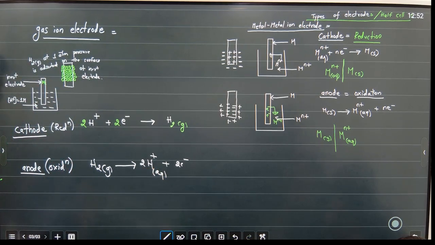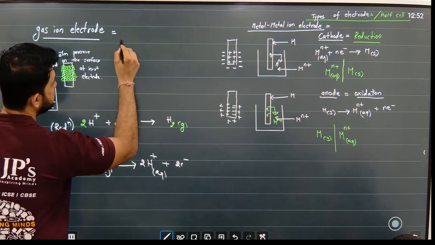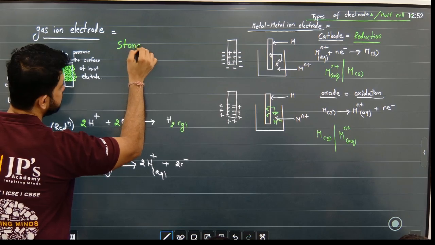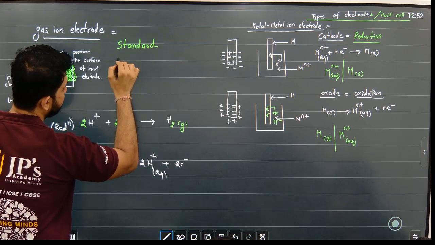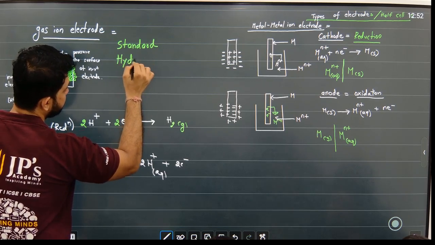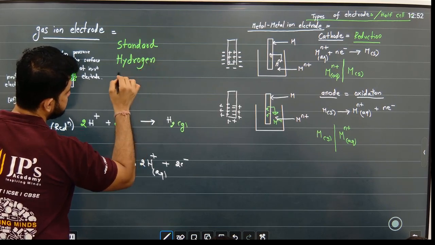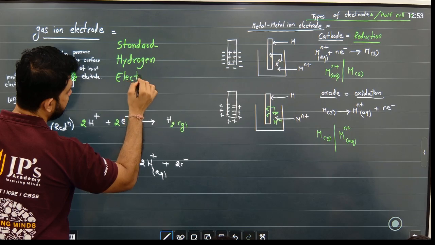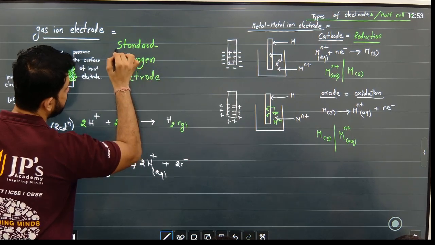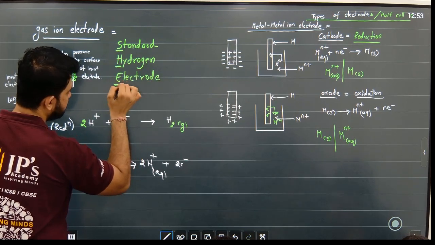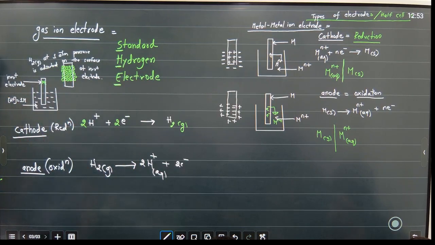This electrode is also called as standard hydrogen electrode. SHE. Standard hydrogen electrode. SHE is an electrode. Pun intended.